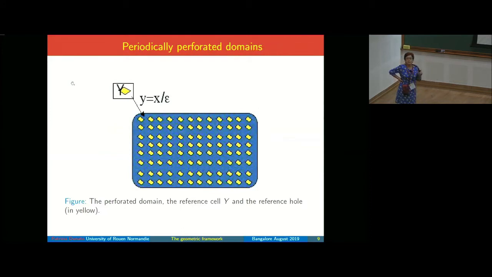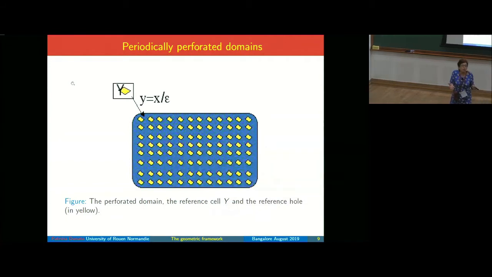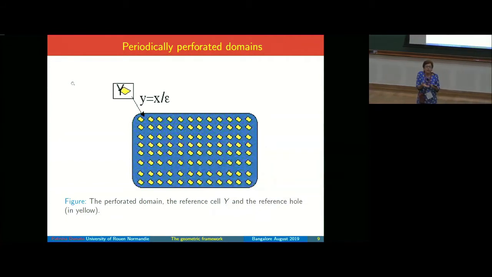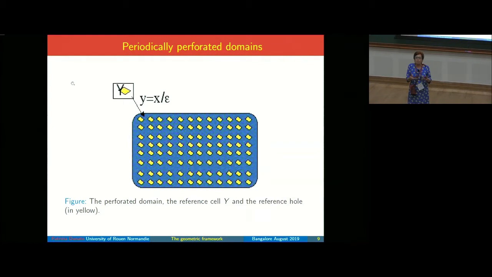This is the same picture as before, but what is the difference? The difference is that now the yellow part is no longer a second material, but is simply empty. So we have holes. Let us observe also that holes can also be not physically holes, but can be non-conducting material.